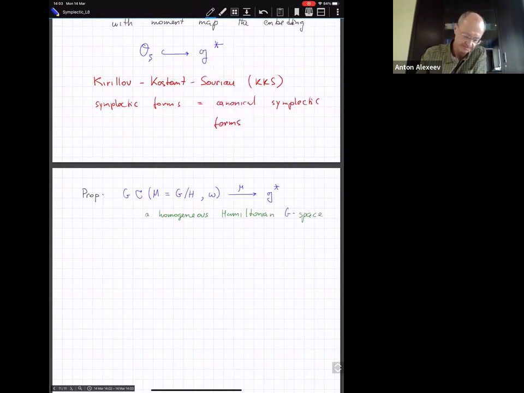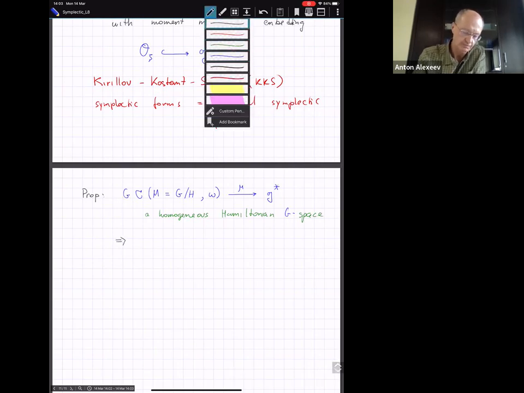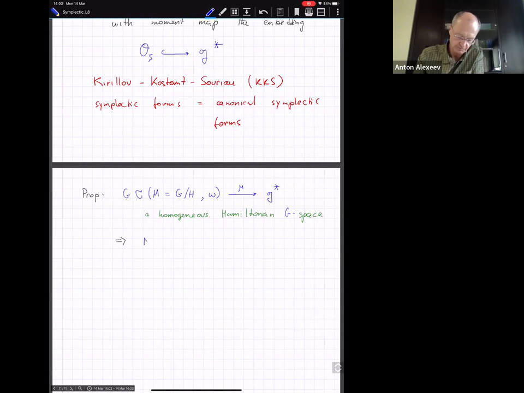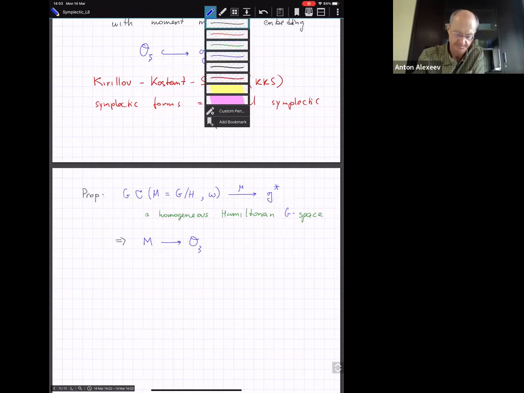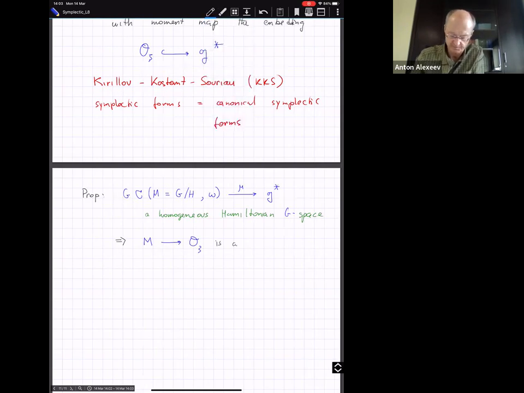Then M is a cover of some coadjoint orbit.